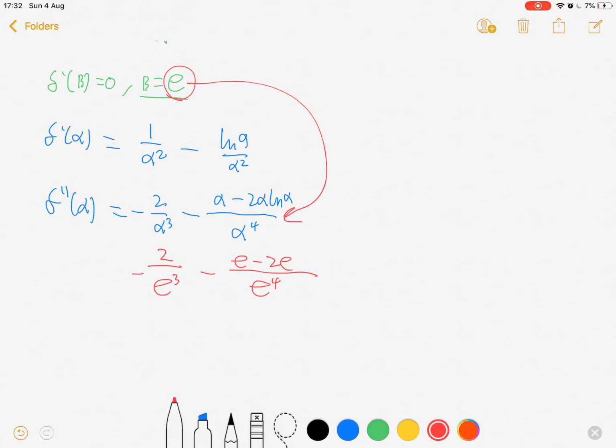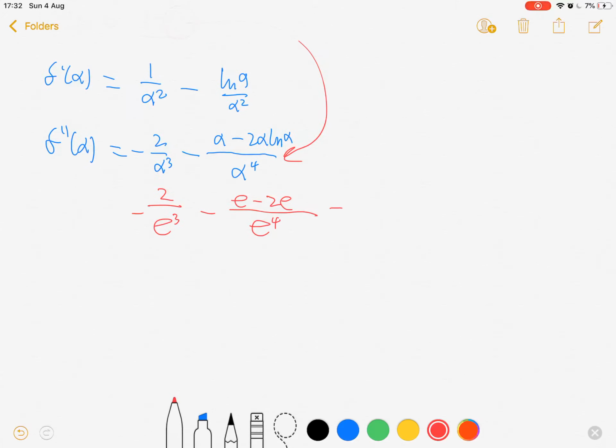Okay. So this is minus 2 over e cubed plus 1 over e cubed, right? And obviously if you do this, it's a negative.